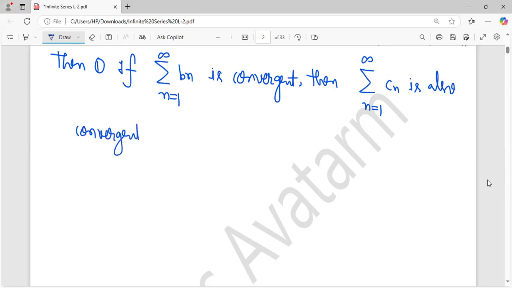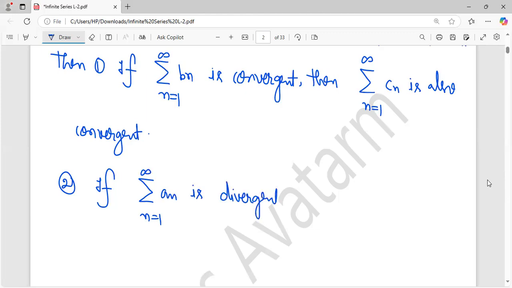Okay. Second, if this series summation n goes to 1 to infinity an is divergent, then the series summation n goes to 1 to infinity cn is also divergent. Okay.